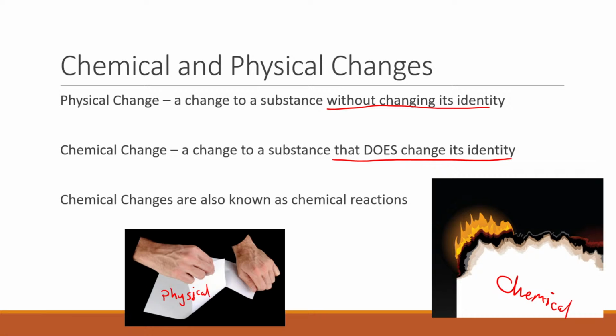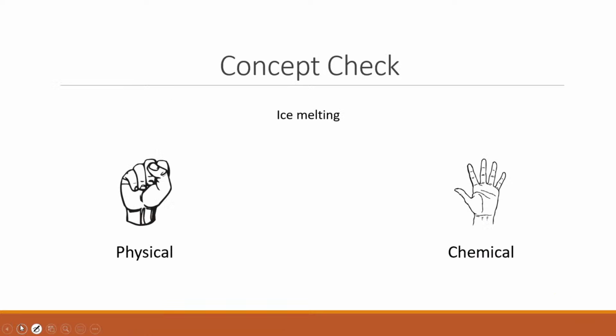On that vein, let's look at some more or less everyday examples. Melting a piece of ice. Is that going to be a physical change or a chemical change? Right. So, melting a piece of ice is actually a physical change.